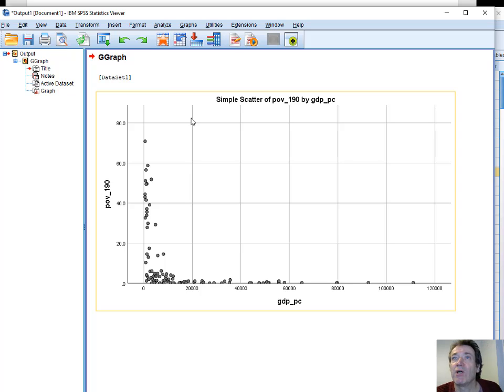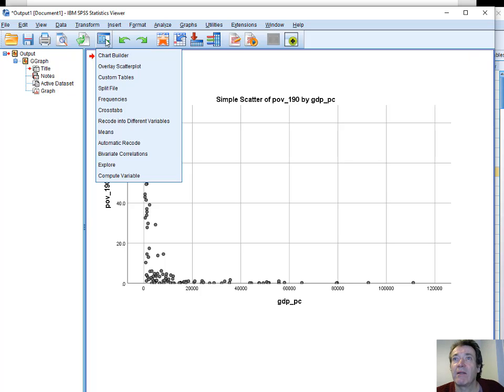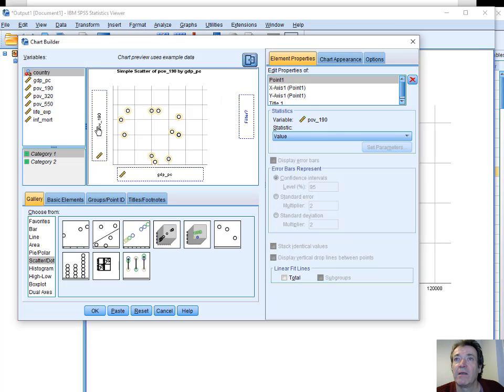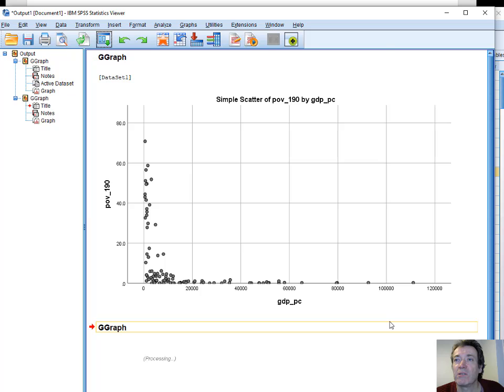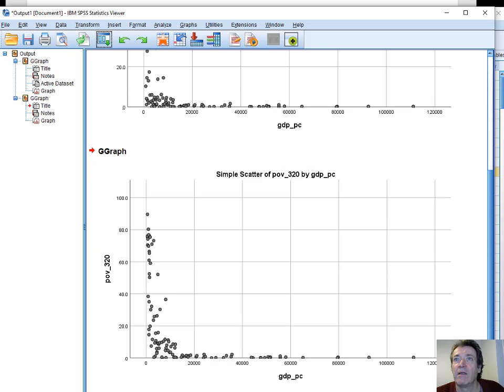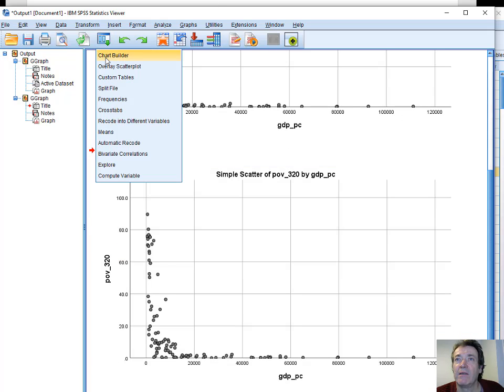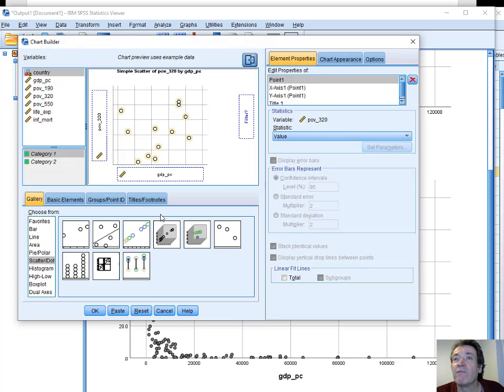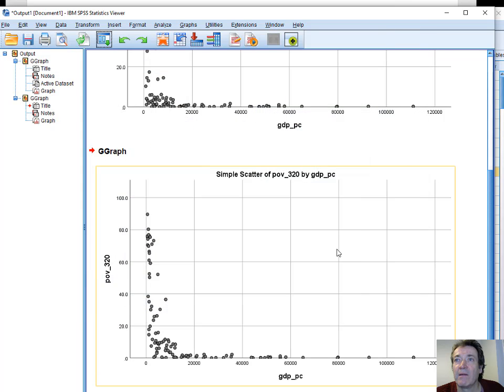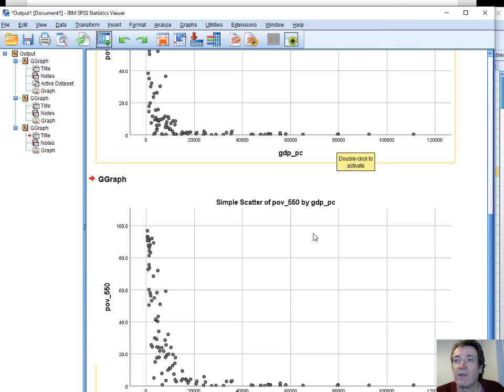Okay, we'll just do the other charts. To get them, we can just bring it back again, get rid of that poverty rate, and bring in the $3.20 poverty rate. Bang, there's the chart. Then bring in the $5.50 poverty rate instead. Okay, that's what you get for that.